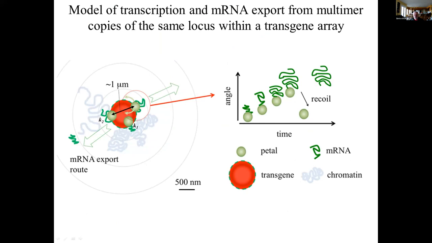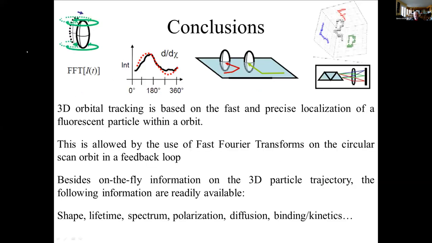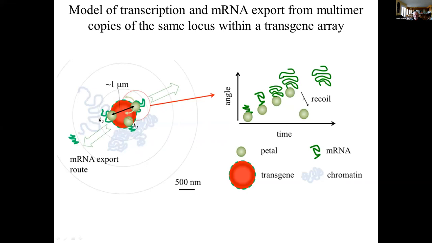When a gene is copied, so the RNA is copied, in which direction will it go? And that is in some way easy to do, because we can correlate that part of the orbit with another part of the orbit, with another part. So we can figure out in which direction it will go. And this is very interesting, because we see essentially the chromatin around, and the chromatin around is such that when the particle is finished, it goes back, and then the next particle is produced.